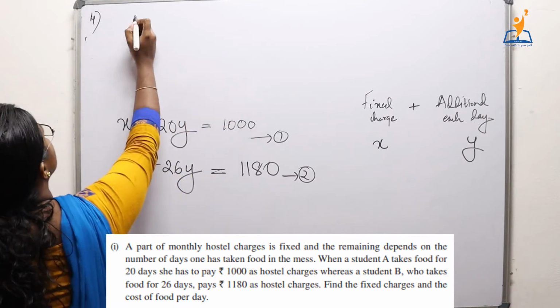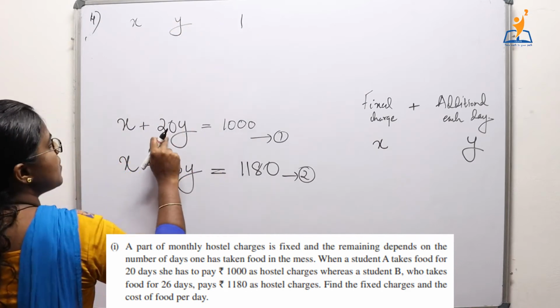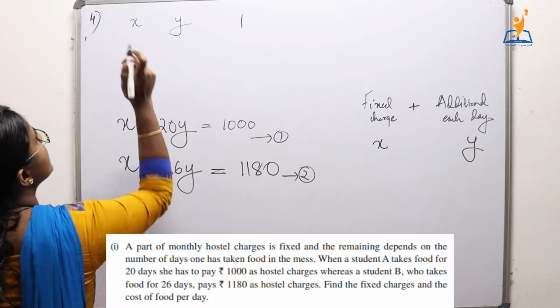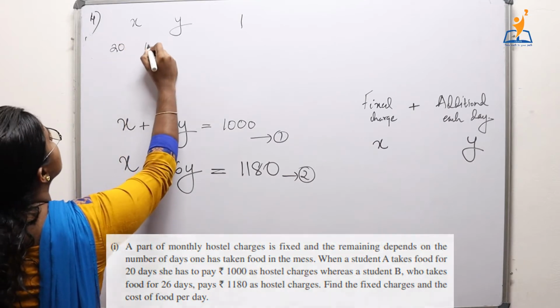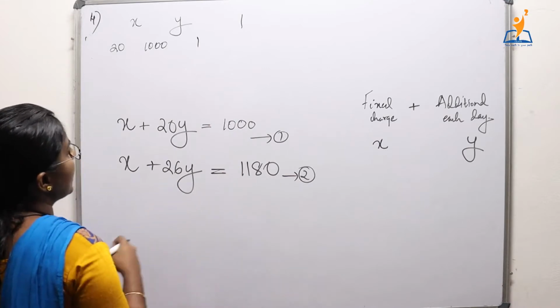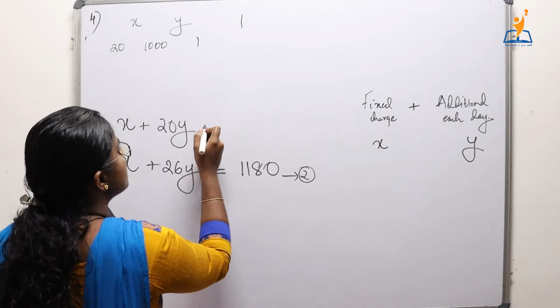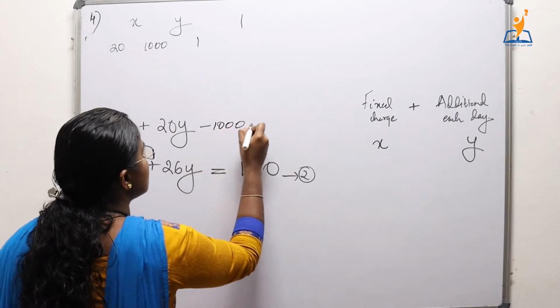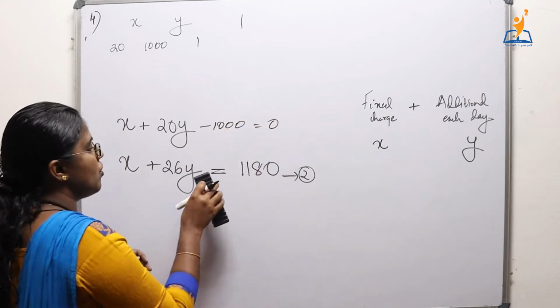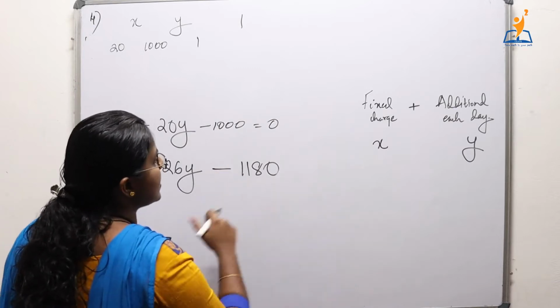So we want to draw that diagram X, Y, 1. Remember that thing. So we want to take this 1000 to this side. That is minus 1000 equals to 0. This is our general form. So minus 1180 is equal to 0.